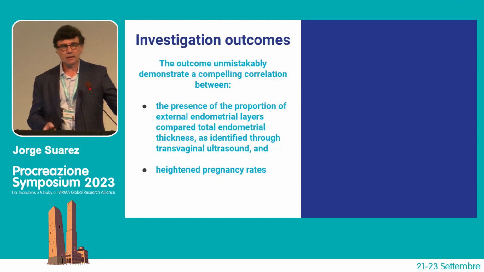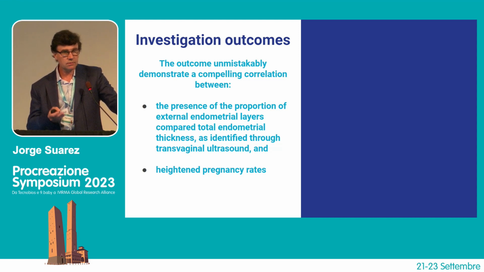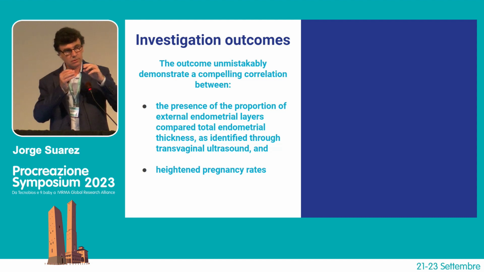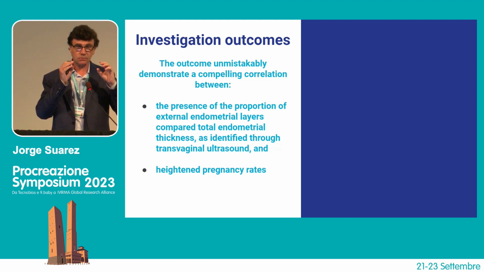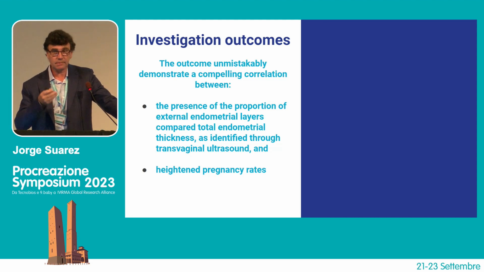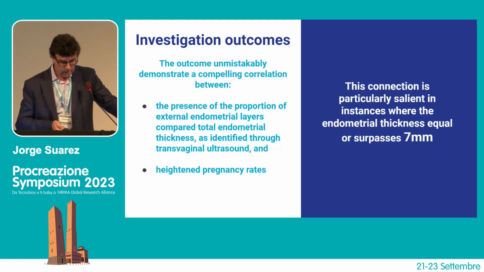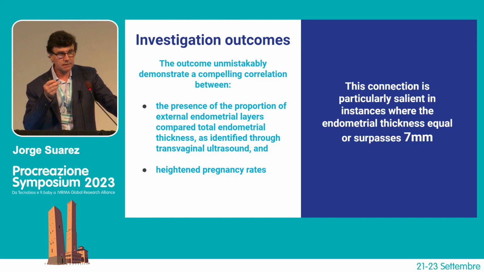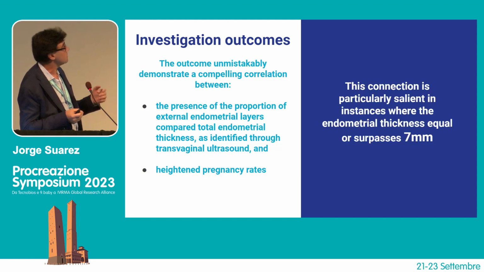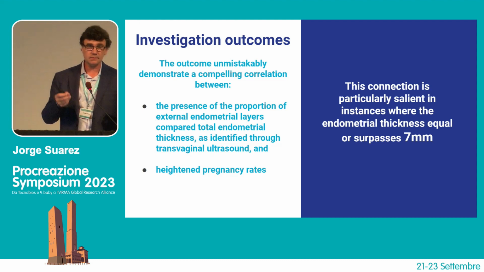The outcome unmistakably demonstrates the compelling correlation between the proportion of external layer compared to the total endometrial thickness and the high pregnancy rate. This connection is particularly salient in instances when the endometrial thickness is equal to or greater than 7 millimeters.